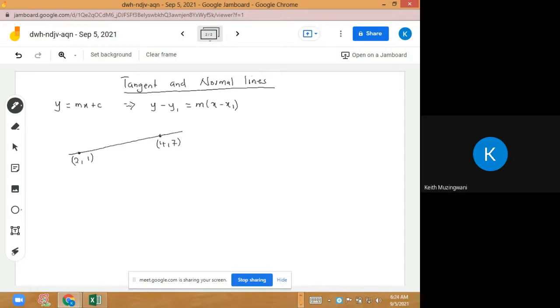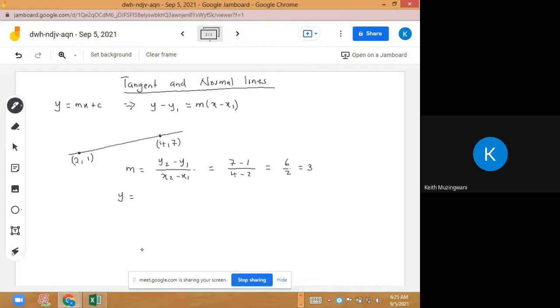What we do is we just say, okay, m of this line, the gradient, is going to be y2 minus y1 over x2 minus x1, where you name them. So you say 7 minus 1 for the y's, and then 4 minus 2 for the x's. So you have 6 over 2, which is equal to 3. So you'd call this your gradient, and then go to one of the equations.